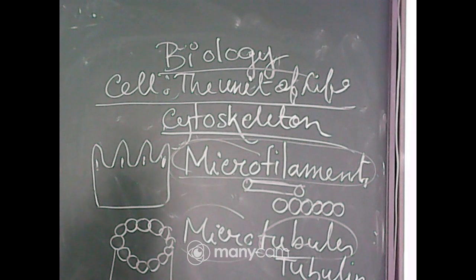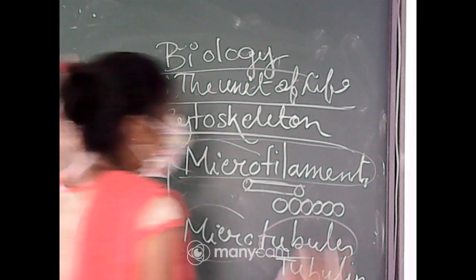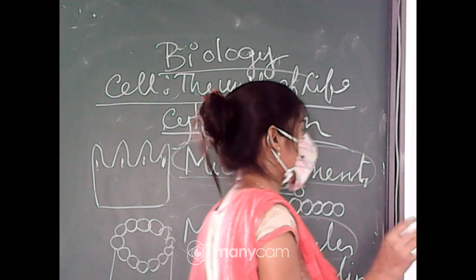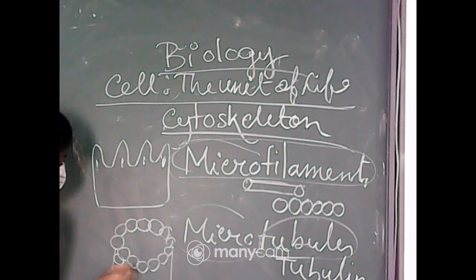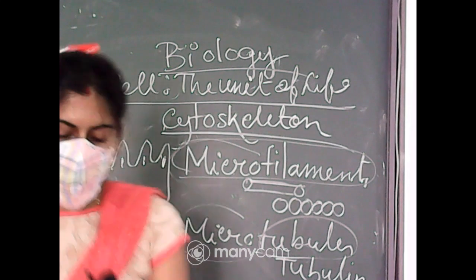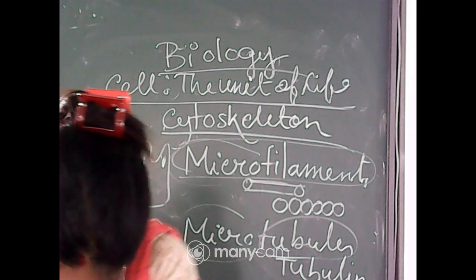I am repeating that it is a cylindrical hollow structure made up of tubulin protein, mainly two types, alpha and beta. It is forming this type of helical arrangement. One is made up of alpha tubulin and another of beta tubulin.